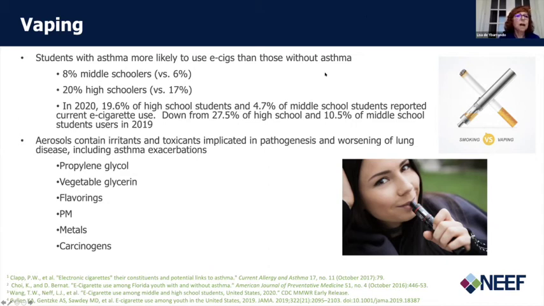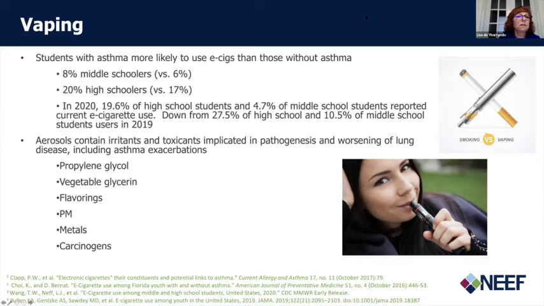So a study in 2017 looked at students with asthma, and they were actually found to be more likely to use e-cigarettes than those without asthma. And that was actually true for all tobacco products, which is astounding to me.